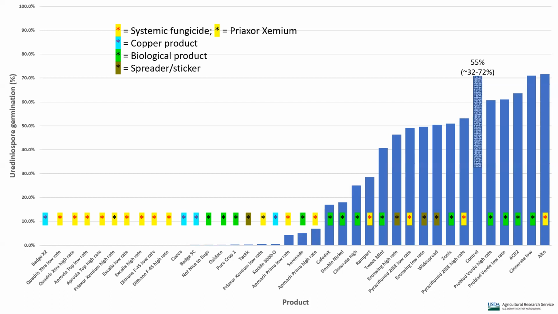So in that case, you would not see germination inhibition, which are some of the products off to the right of this graph. But overall, it gives us a good first look, a way to prioritize what we study in the field. And again, we're always getting calls for potential products, and this is the best, quickest way to see if it might have some effect on the disease cycle.